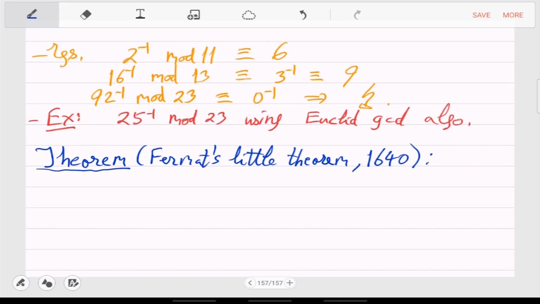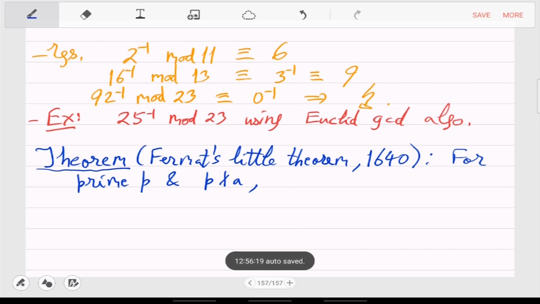So it says that for a prime number p, and a number a which is not 0 mod p, in other words, p doesn't divide a, it talks about, for some strange reason, a to the p minus 1 mod p.